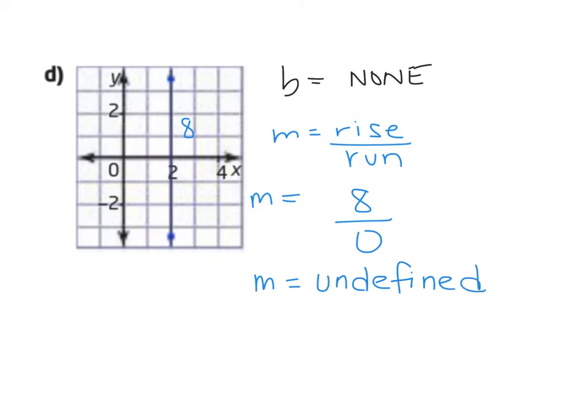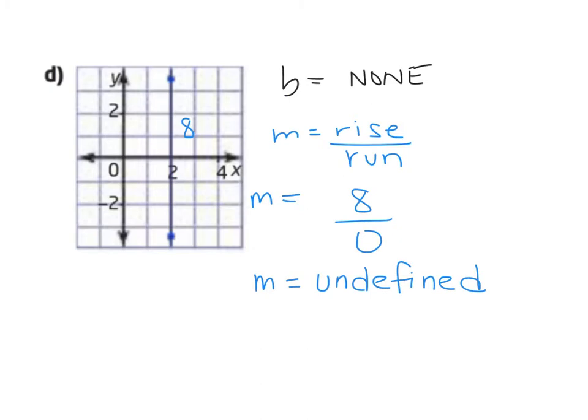So now the issue is, how do you take a slope that is undefined and no y-intercept value whatsoever, and put that information into the equation template, y equals mx plus b? The simple answer to that is you don't. This is a case that you have to recognize right away the minute you see a vertical line: it doesn't fit the mold for the y equals mx plus b template.